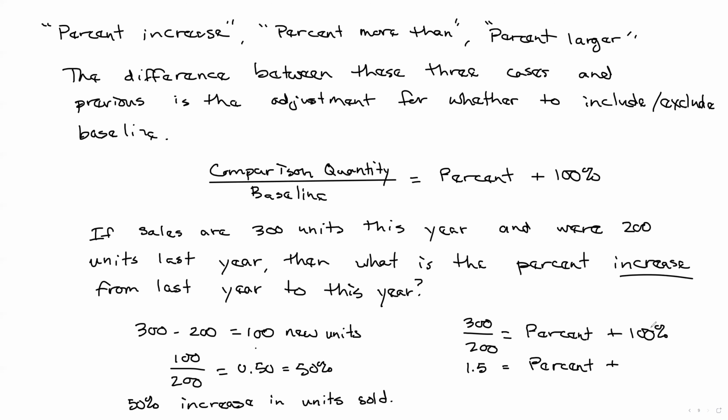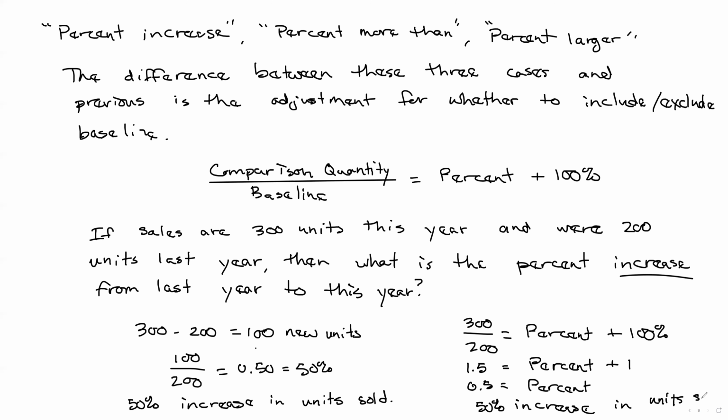The way that you change it to a decimal is by moving the decimal point 2 to the left, and so we get 1. Then if you subtract 1 from 1.5, you get 0.5 equals the percent. Okay, and if you write that as a percent, that's 50%. So you get a 50% increase in units sold.